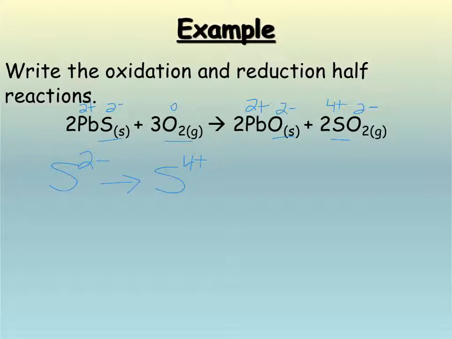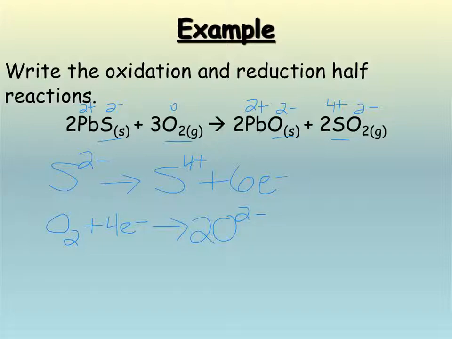To get from 4 plus to 2 minus, I'm going to have to add 6 electrons. Now on to my O's. I have O2, and my O2 is turning into O 2 minus on this side. I'm going to go ahead and balance my atoms, so now I have 2 oxygens on each side. Now I need to charge balance. With putting that 2 in front, now I have 2 times negative 2, so that would be negative 4. So I need 4 electrons over here.